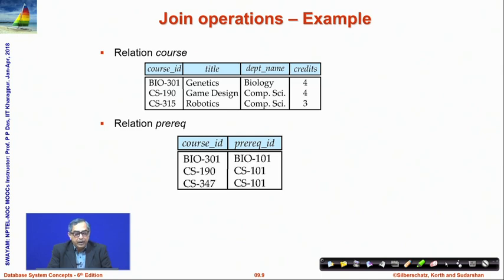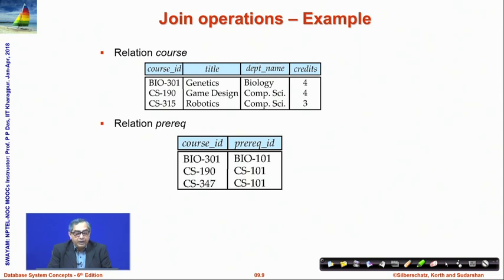It has 2 attributes, the course ID and the corresponding prerequisite course ID. It also has 3 rows, 3 tuples here, and if you look at the instances carefully, you will find that the 3 courses specified in the course relation are not all specified in the prereq relation.